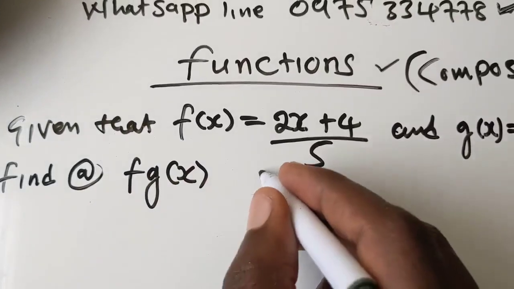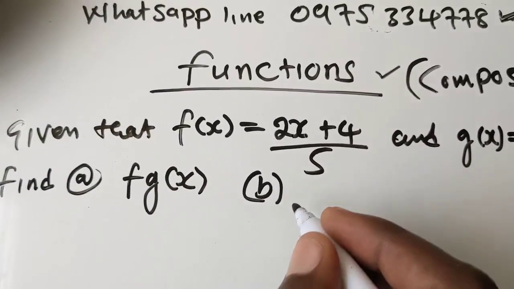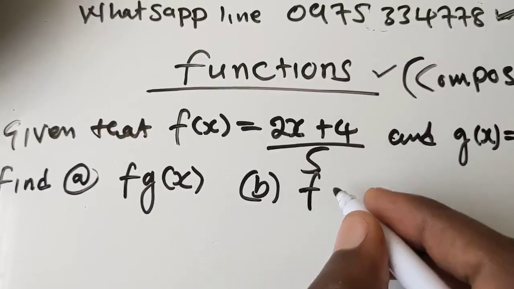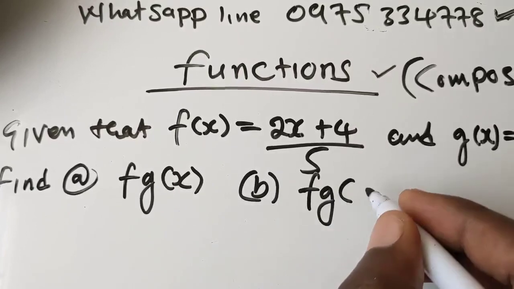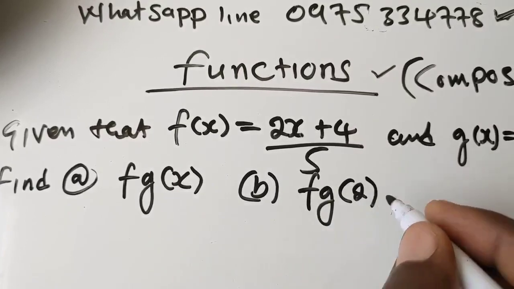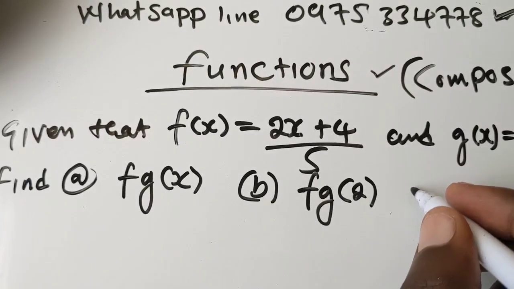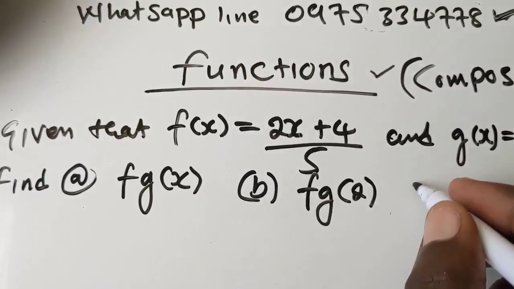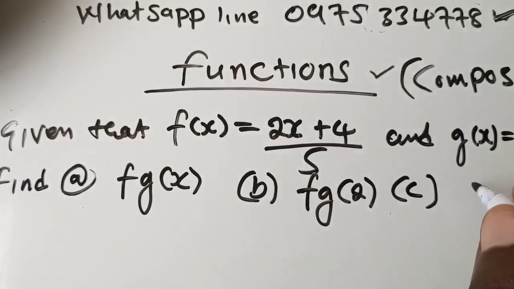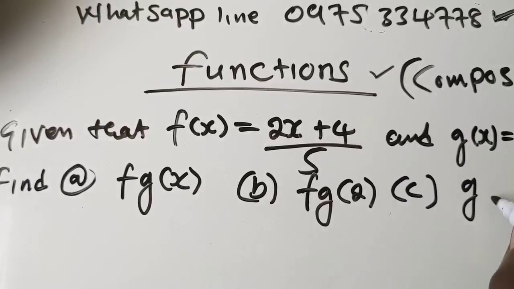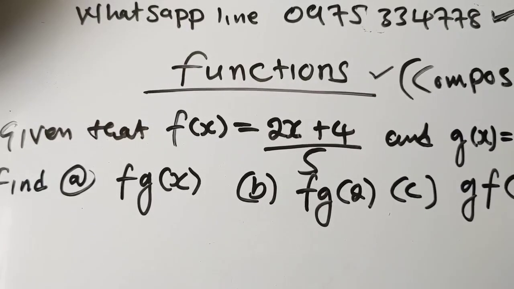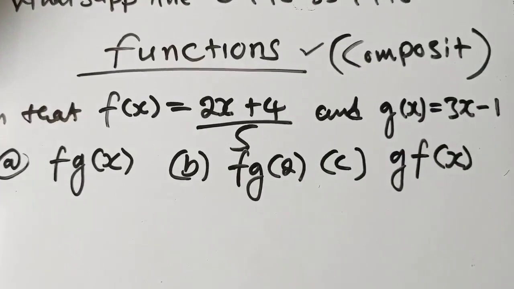Then b, f of g of 2, like that. Then finally c, g of f of x, that way.